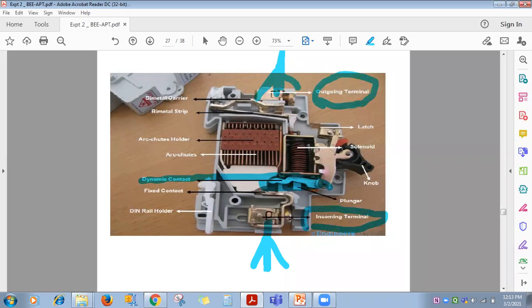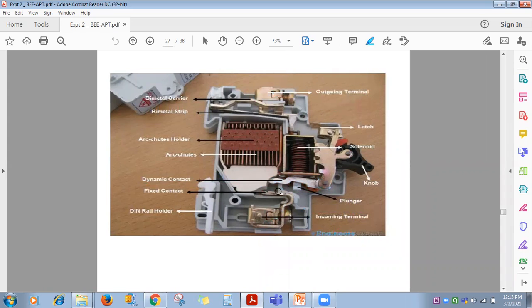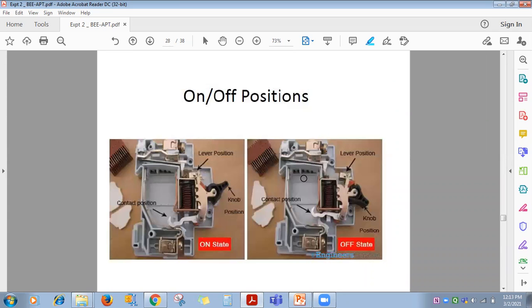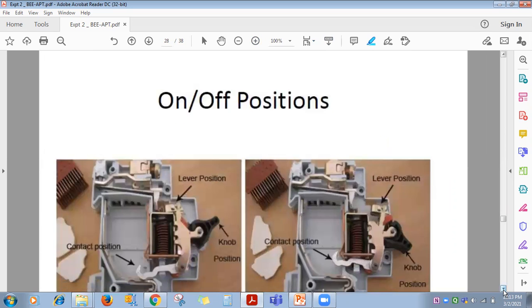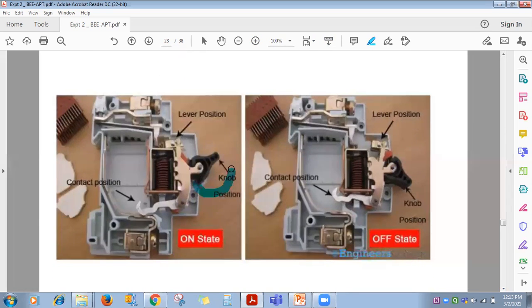Okay, the outgoing terminal. See here it is written, the outgoing terminal, and this is the incoming terminal. So whenever current enters over here and reaches over here, if a gap is there between the fixed and movable contact, then obviously, because this is the off position, current will not flow through the further circuit. But whenever you switch it on, you can see the movable contact is touching the fixed contact. It means current will come like this through the fixed contact, movable contact, through this solenoid, through this bimetallic strip, and move to the leaving terminal.